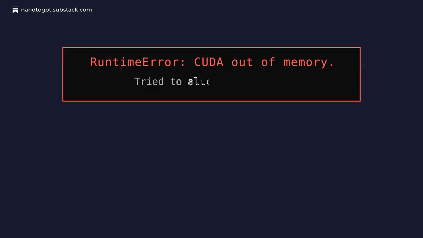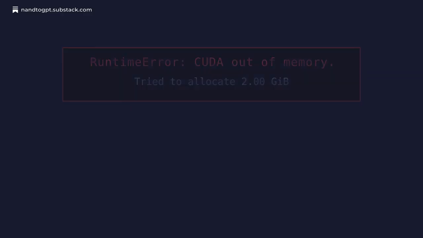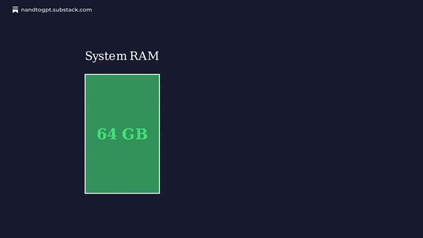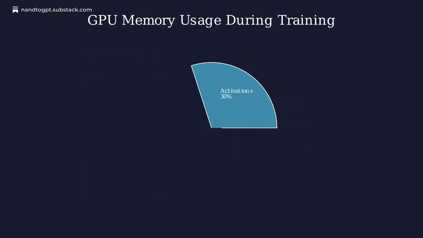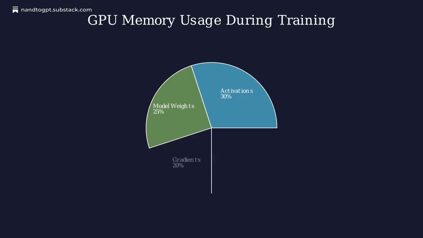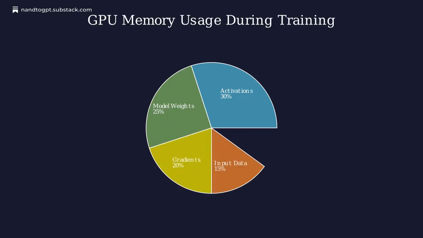This leads to the most common error in deep learning. RuntimeError: CUDA out of memory. Tried to allocate 2.00 gigabytes. Your system might have 64 gigabytes of RAM, plenty of space. But your GPU may have 8 gigabytes. And that GPU memory is precious. It holds your model weights, your input data, intermediate calculations, gradients during training, and optimizer state.